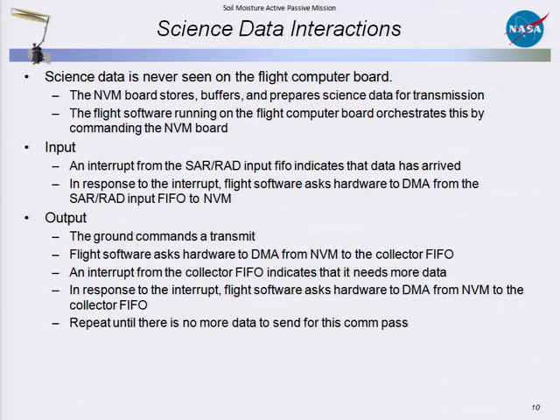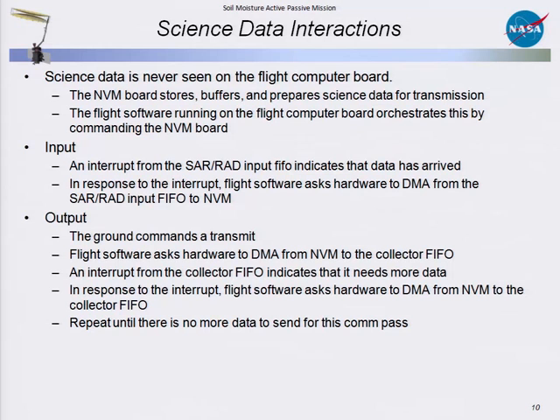That interrupt from the NVM board to the flight computer will tell us data has arrived. It's time to do something with it. In response to that, flight software is going to ask the hardware to DMA from the instrument input FIFO into NVM. And by the way, flight software keeps track of the actual NVM addresses.